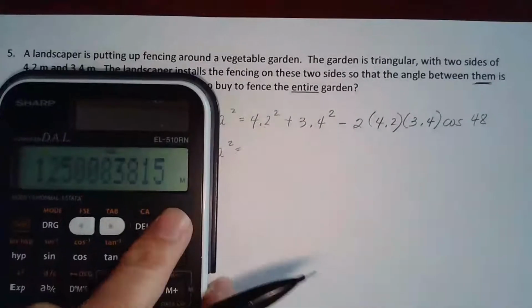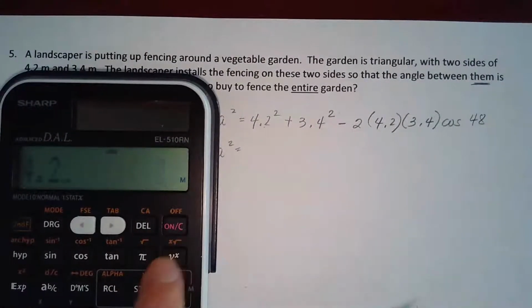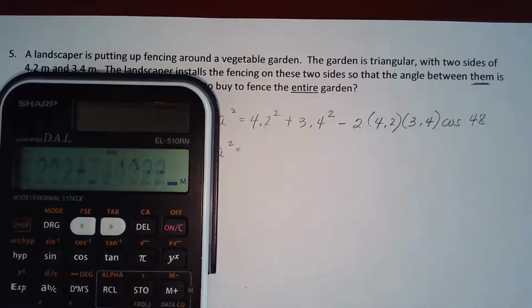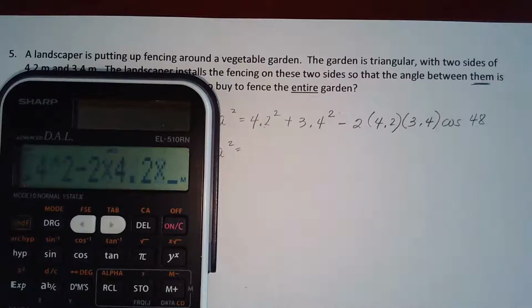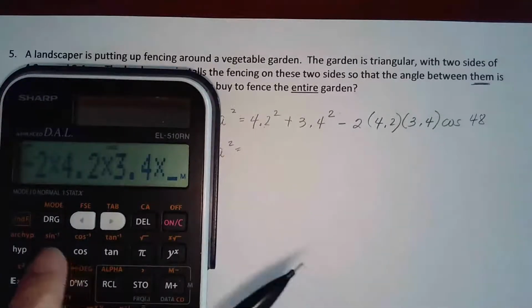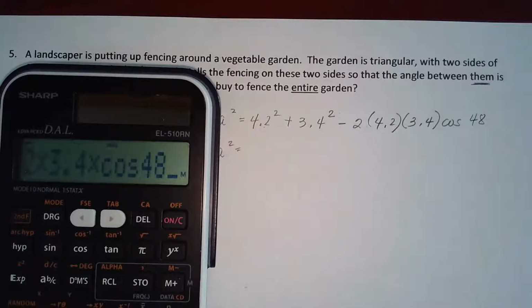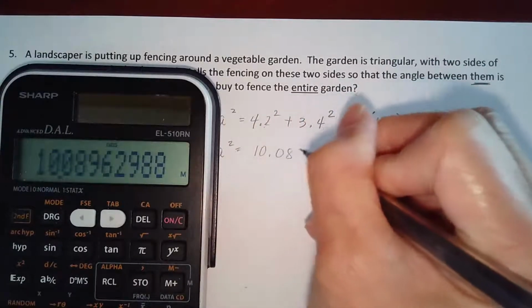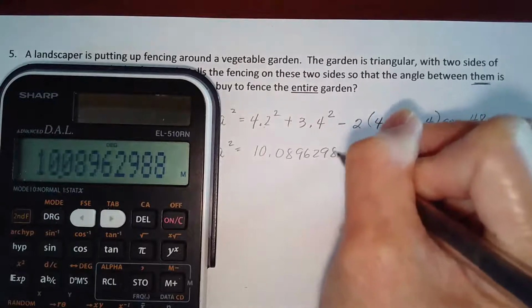So let's do that. So 4.2 squared. Okay, I get 10.08962.